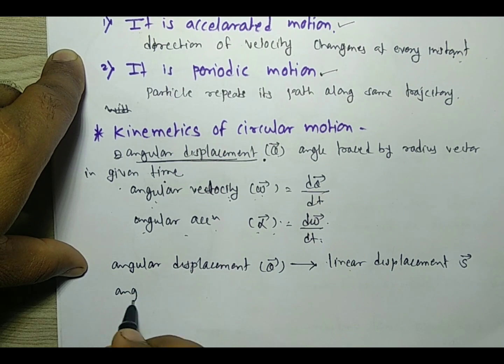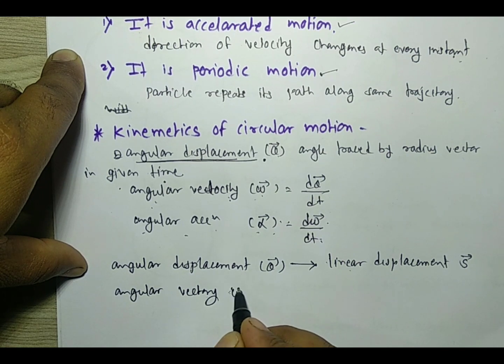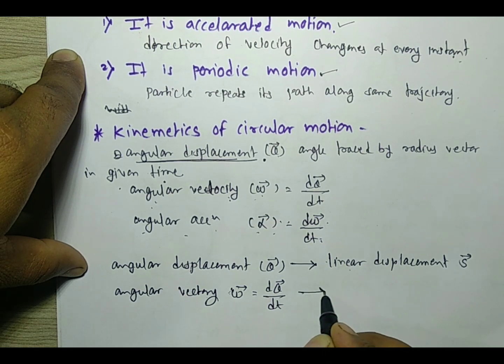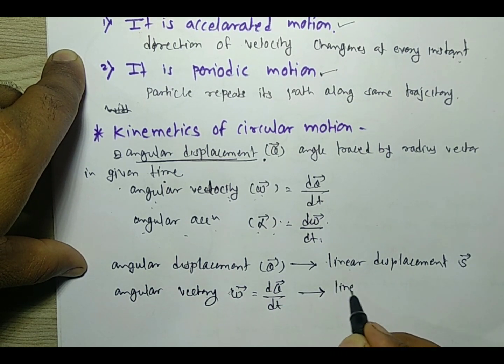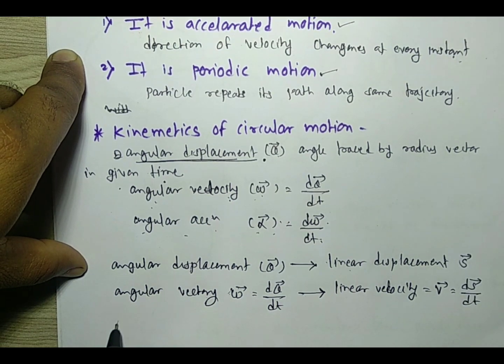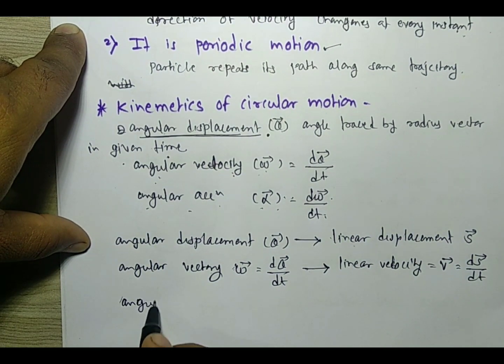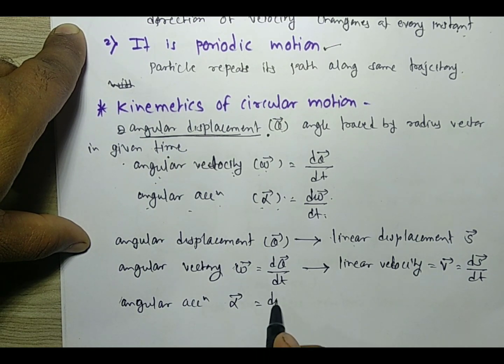Then angular velocity, omega bar, is the rate of change of angular displacement with respect to time. Similarly, it is analogous to linear velocity, denoted by v bar, which is the rate of change of linear displacement with respect to time. Angular acceleration, denoted by alpha bar, is the rate of change of angular velocity with respect to time.